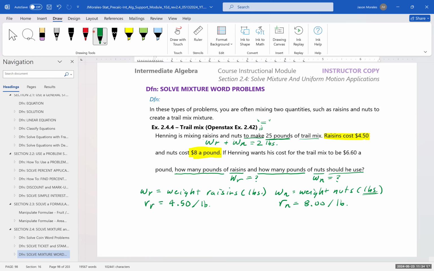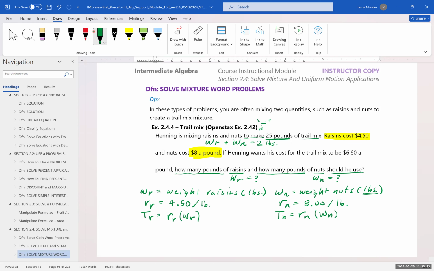So the total cost of raisins is going to be the rate of raisins times the weight of raisins. And the total cost of the nuts is equal to the rate for the nuts times the weight of the nuts.